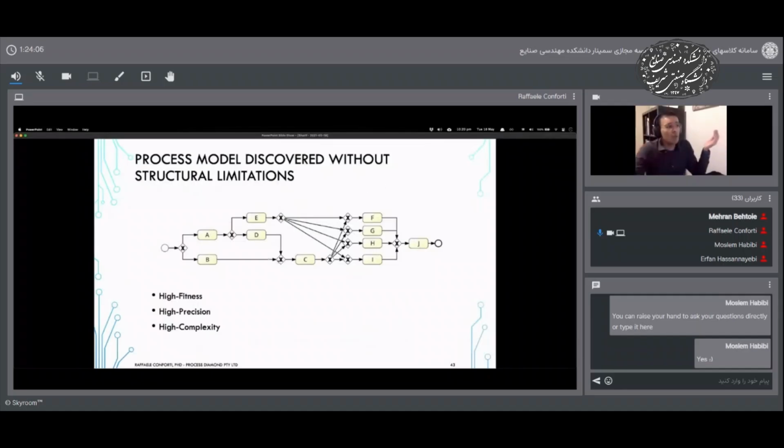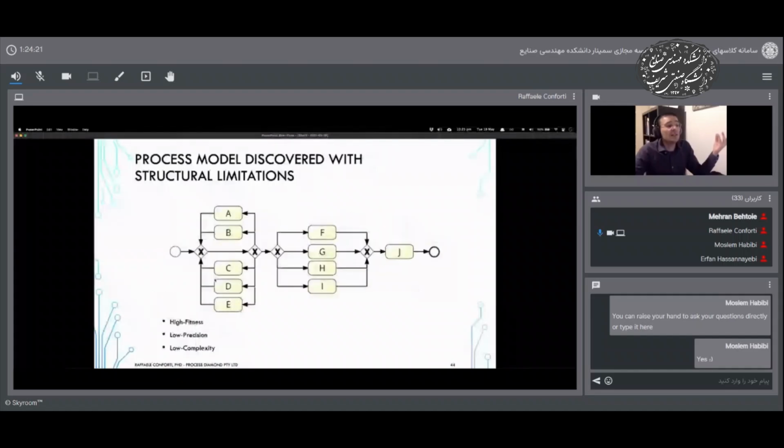Some tend to focus on fitness and precision, but produce models that are really complex, or processes that have a low complexity because they produce models that are structured.